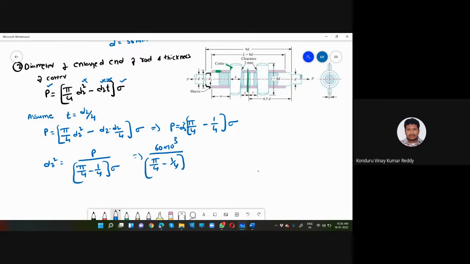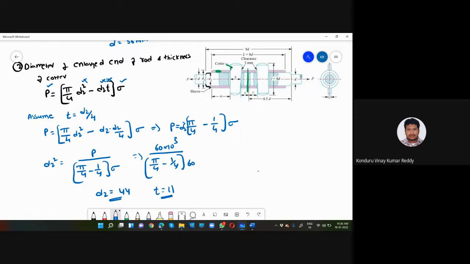Normal stress is also 60. Normal stress and also the force both are same, 60 and 60. By this you will be finding the d2 value. D2 value is equal to some 44. Similarly, as d2 is equal to 44, t is equal to d2 by 4, thereby it is 11.